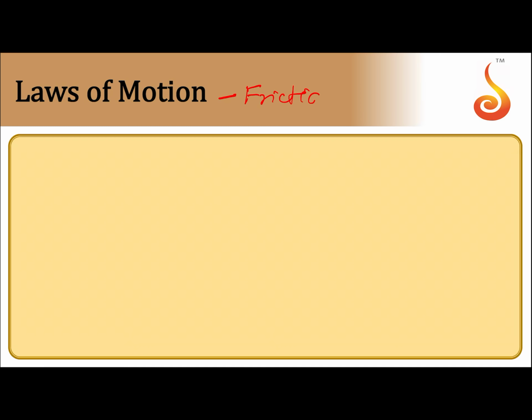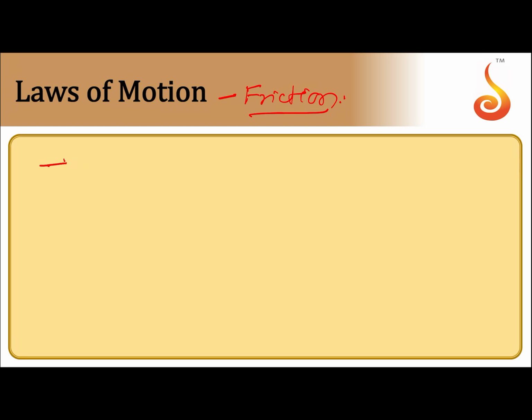One of the important types of forces in the present context is that of friction. Let us take up this one. So what is friction? Friction is a force which tries to oppose the relative motion between the objects. That's right.